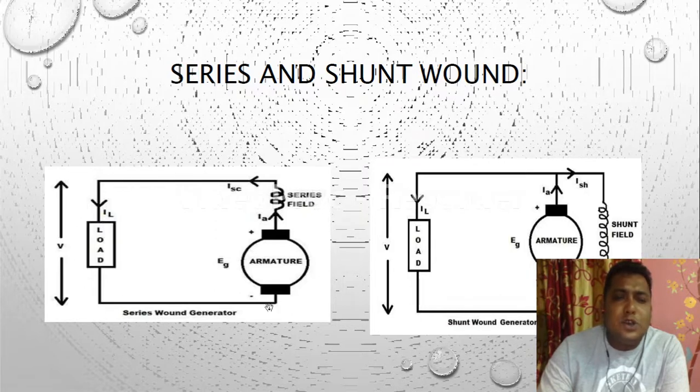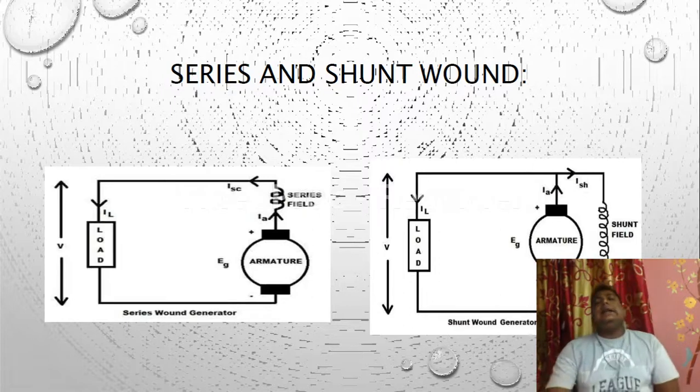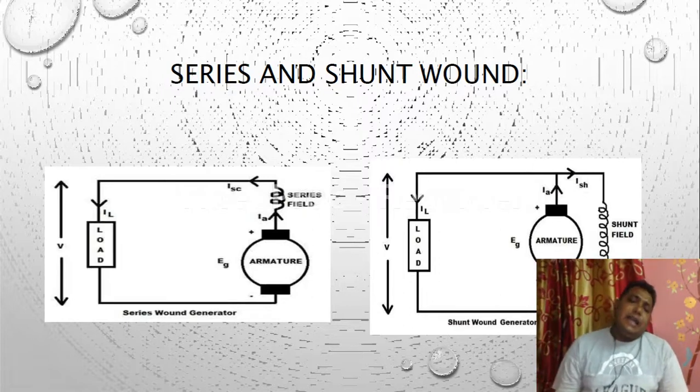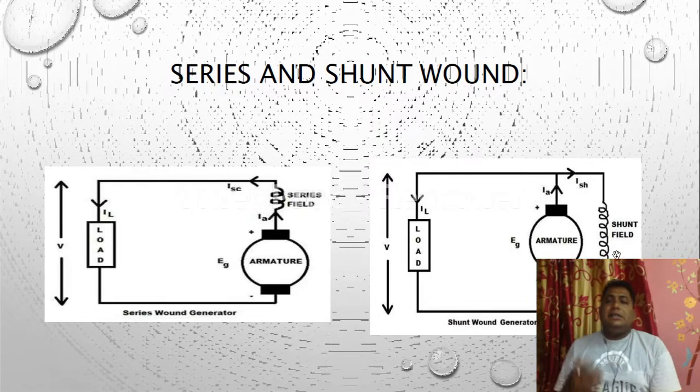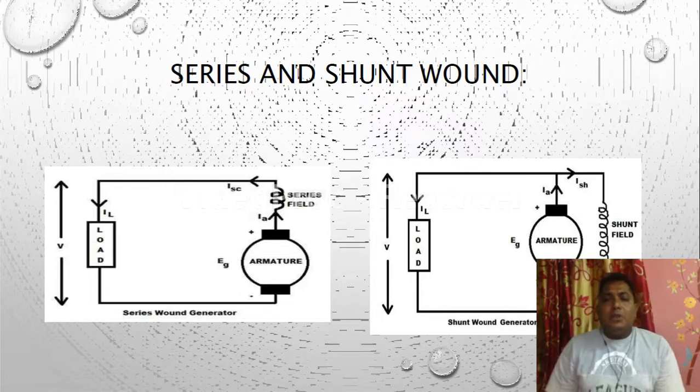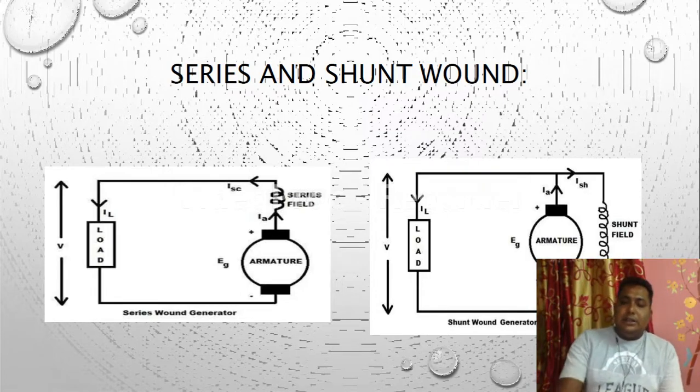As it is a closed loop, some current is flowing, shown as ISC, short circuit current. In case of the shunt generator, the armature winding and field winding, as we can see, are both connected in parallel. Follow my pointer, they are connected in parallel. So it is a pictorial representation of how series and shunt look.